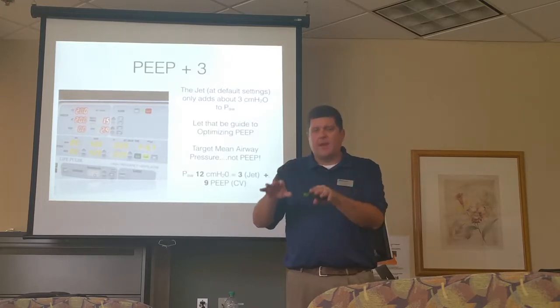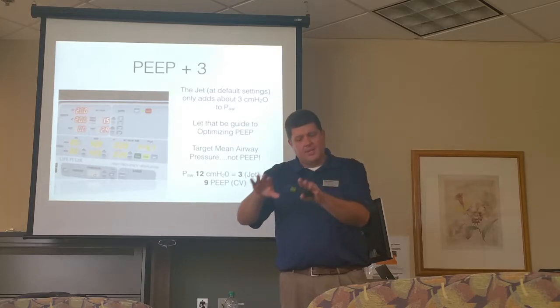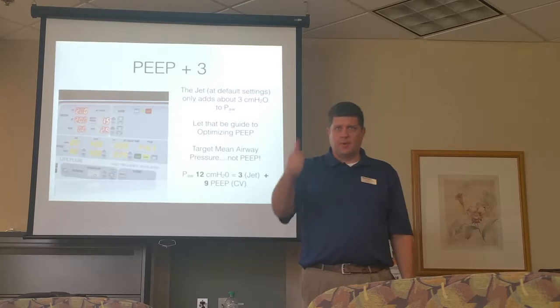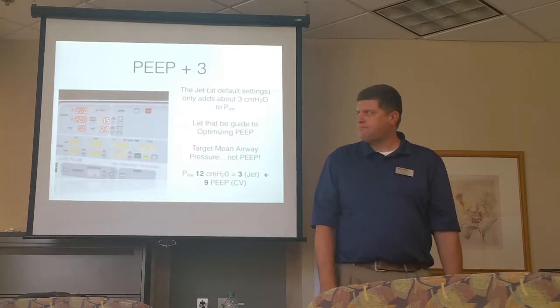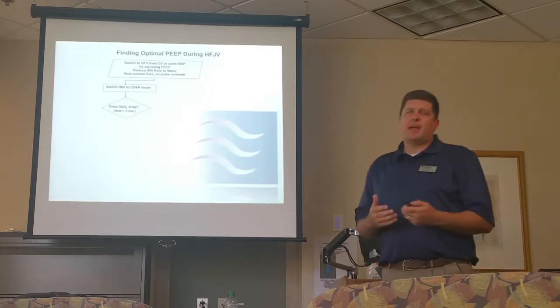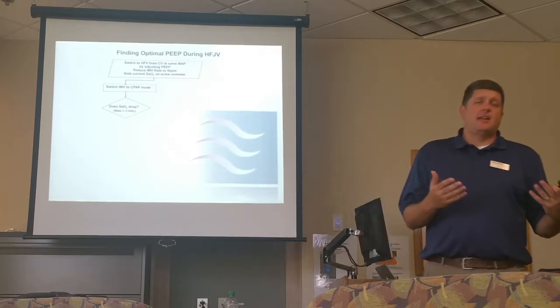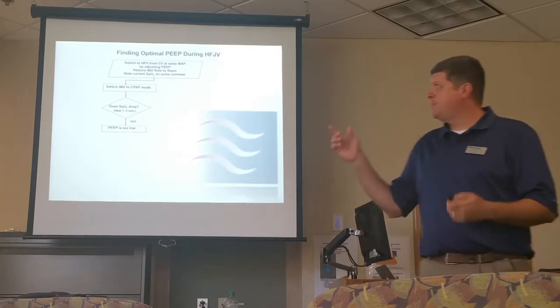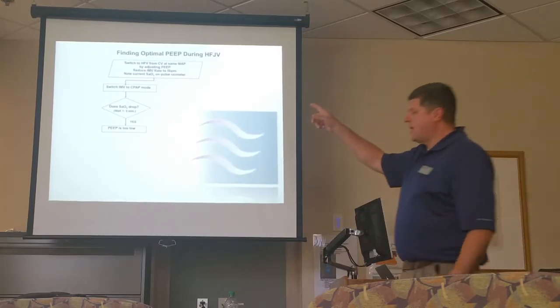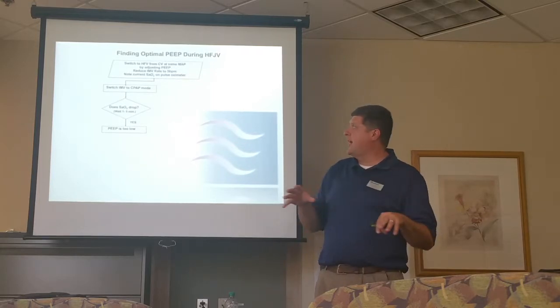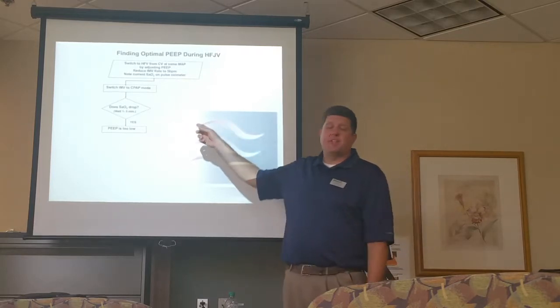So start high and then gently titrate down. Just don't bottom them out and fight to work your way up, okay? And that's where that really helps. And we have this optimal PEEP algorithm that can help find that. You know, we have to be as dynamic as our patients are. And so if you're using a background rate and we start to decrease the PC above PEEP, or we turn the rate down, watch your sats.